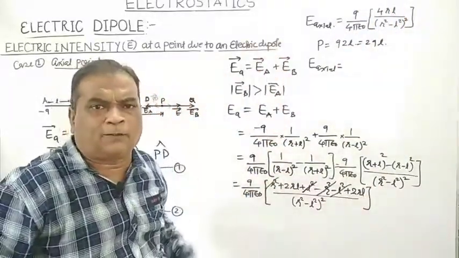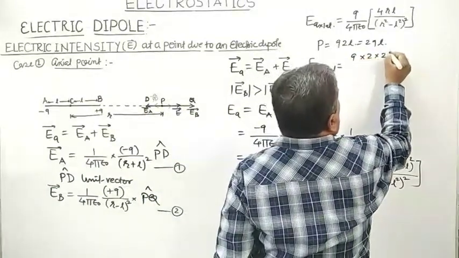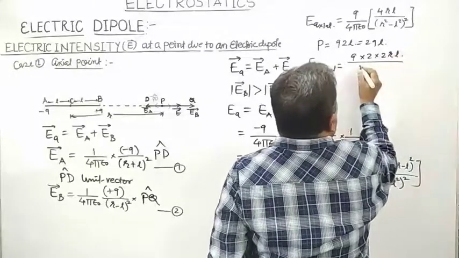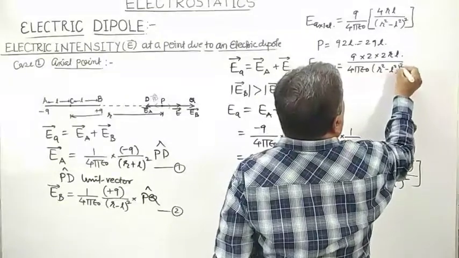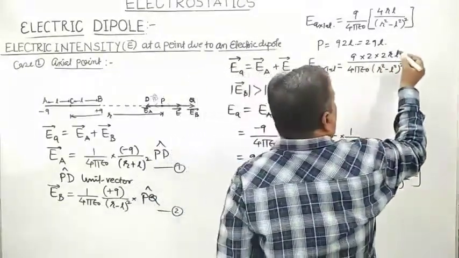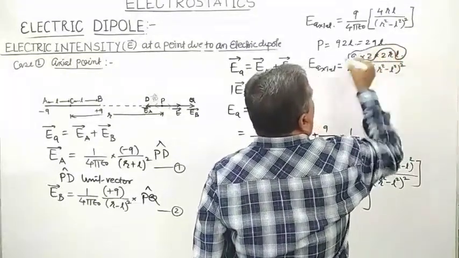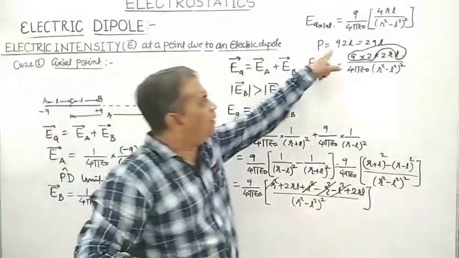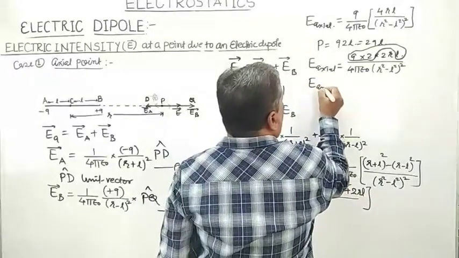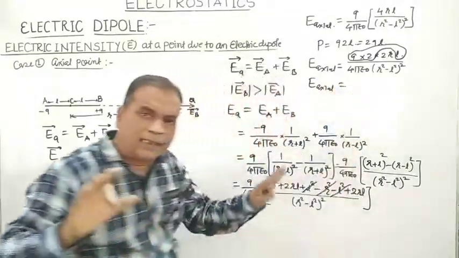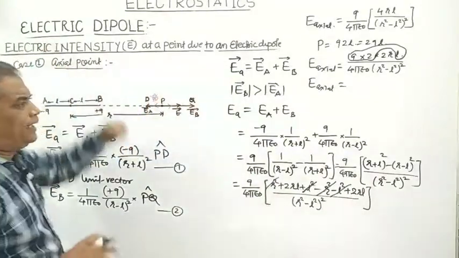That 4RL can be written as 2 into 2RL. So Q into 2 into 2RL divided by 4 pi epsilon 0 R square minus L square whole square. Here Q into 2L you can replace by the electric dipole moment. So E axial is the magnitude of electric field intensity at any point along the axis due to an electric dipole.